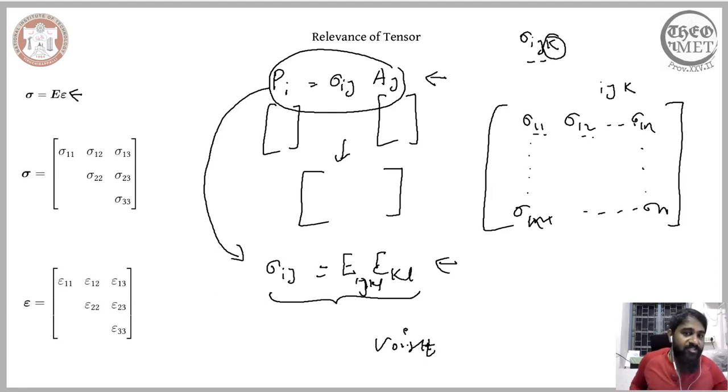The way it allows me to do this is, this is a square matrix, this is a square matrix. If I treat them as square matrices, then I have to come up with a 4-dimensional Young's modulus. So what Voigt notation helps me to do is change these two square matrices into column matrices. It essentially converts the second order tensor notation into a vector.